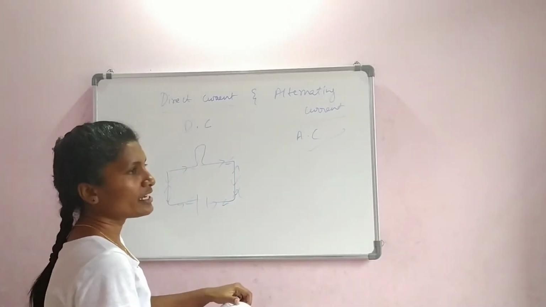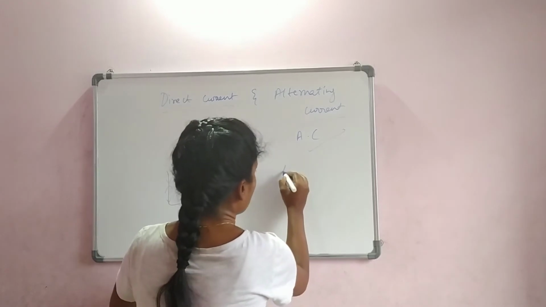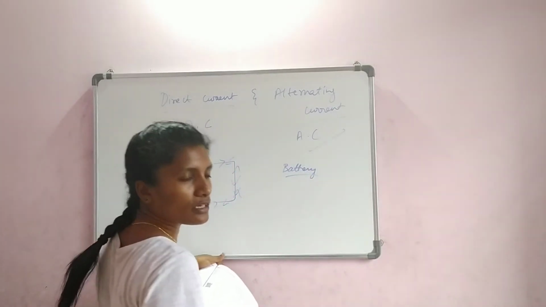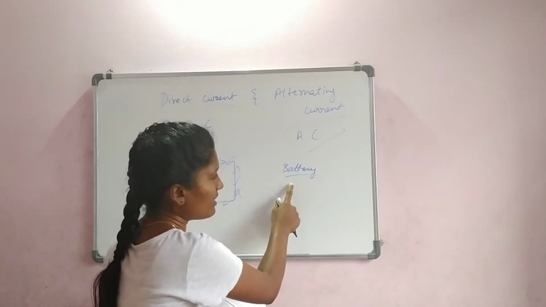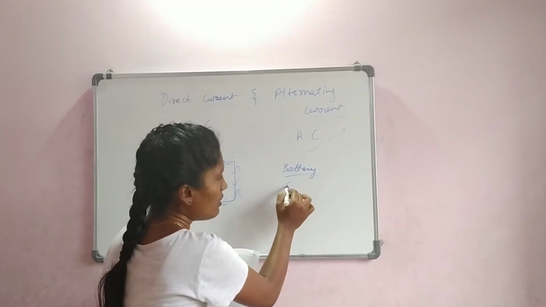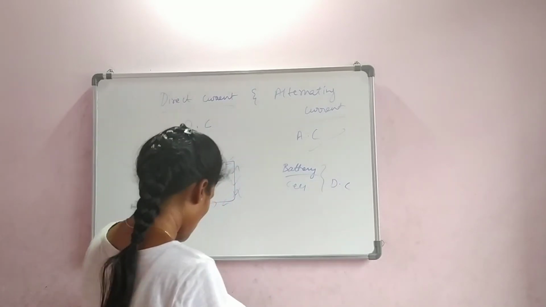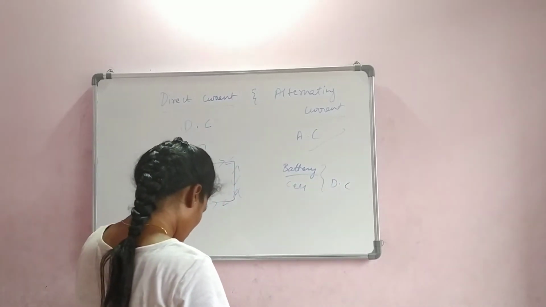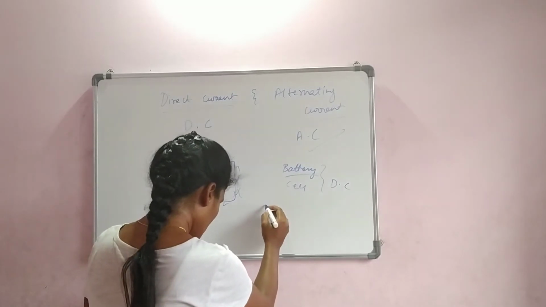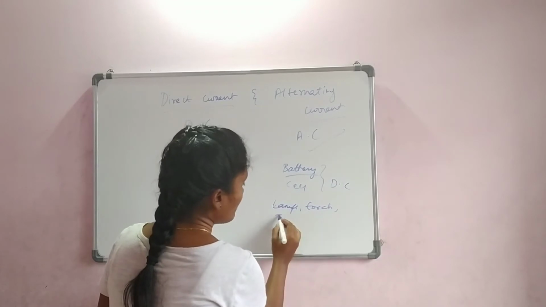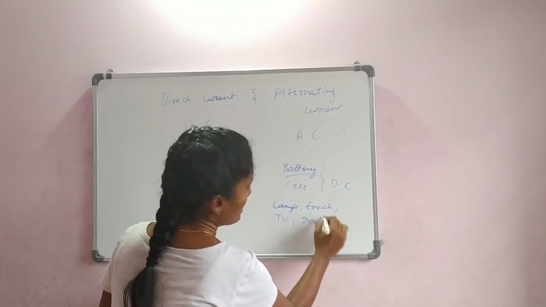Direct currents are used in equipments like, let us say, whichever has a battery. So the remote control which you use at home has a battery. So whichever has a cell or a battery is direct current. If you want to give some equipments, there can be the lamps, the torch, even the TV and radio uses DC current.